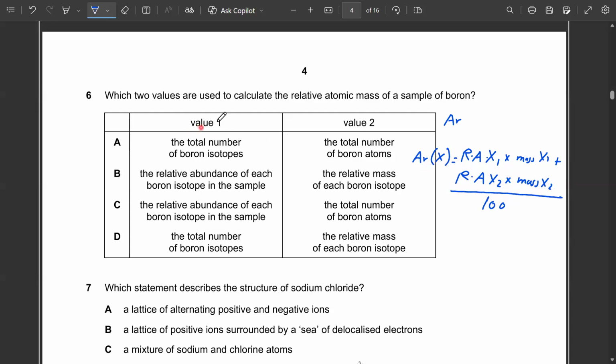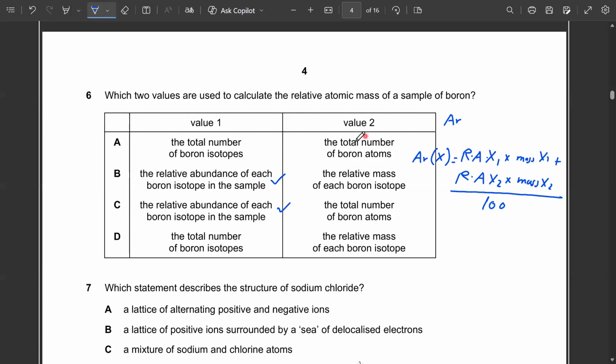So here we have value 1, say the total number of isotopes of boron. We do not require the total number over here. B says the relative abundance of each boron isotope in the sample. So yes, this is the relative abundance of every single isotope, relative abundance of X1, relative abundance of X2. So yes, we require these. So B and C are correct.